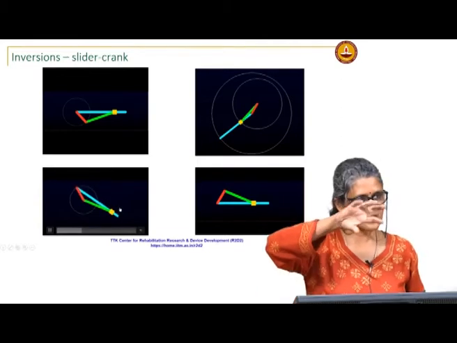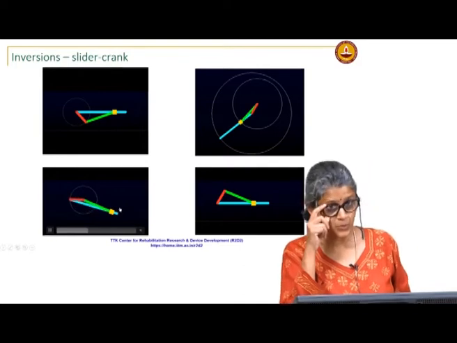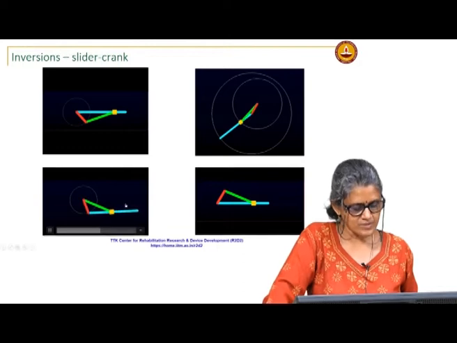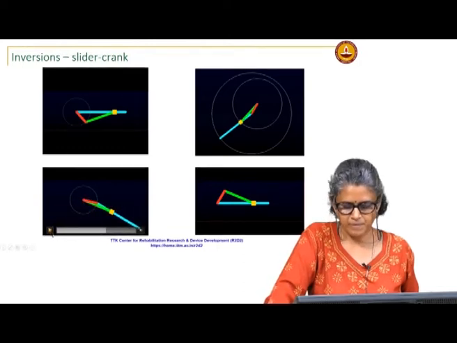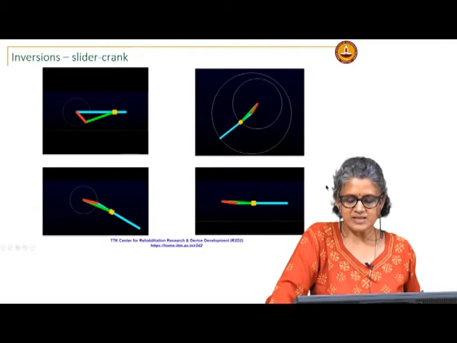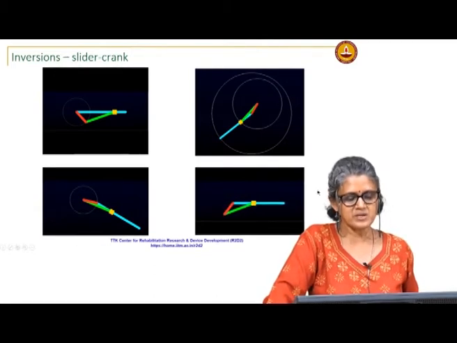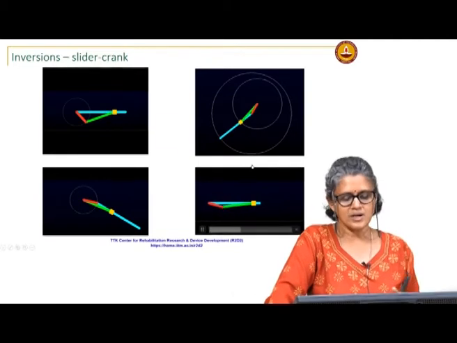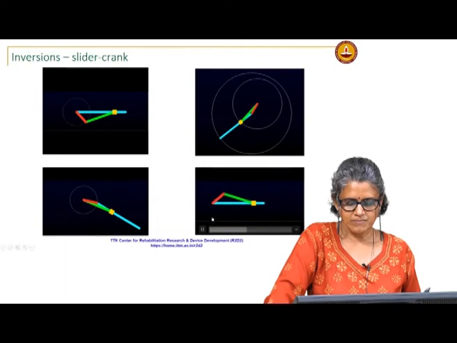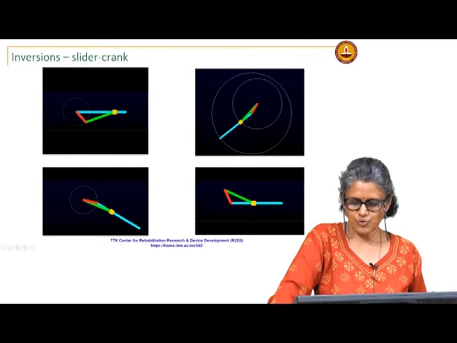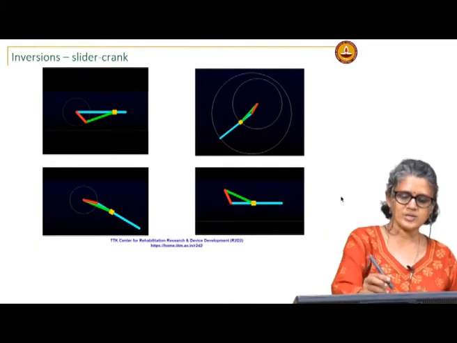So, the slider block can only pivot about that point, and the other link moves with respect to that. Fourth case, the slider block itself is fixed, which is similar to the path being fixed. So, these are the 4 inversions of the slider crank.